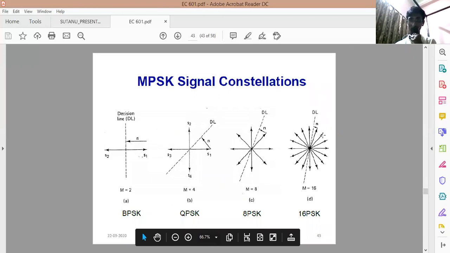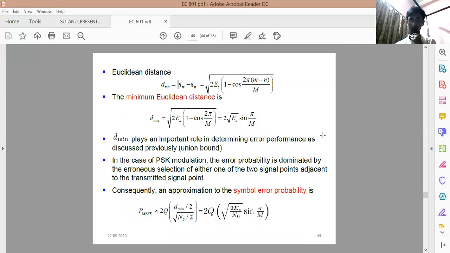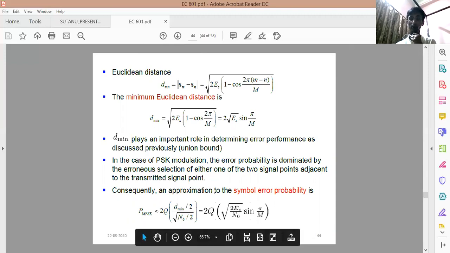Okay, and next to that, you can compute your symbol error probability. I told you, using some mathematical derivation you will get it from your Haykin, that the distance between two consecutive points may be computed using Euclidean distance, and that may be found as the complementary Q function like this.